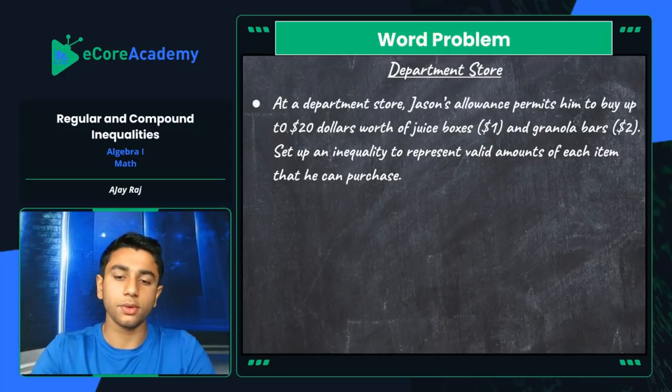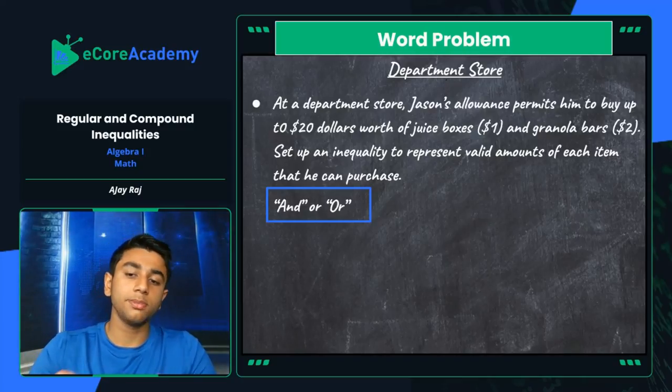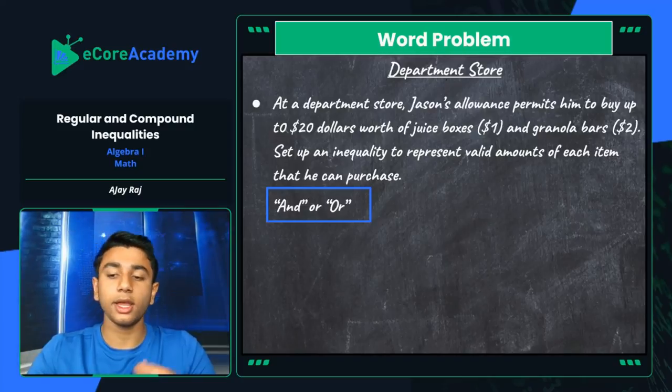We don't have to include that in our inequality unless otherwise specified. We're going to determine whether or not we're using an and or an or. In this case, we are going to be using an and statement, because when you're buying a juice box or you're buying granola bars, that value is going to be added together. So it's going to be coinciding value. So it's going to be an and.